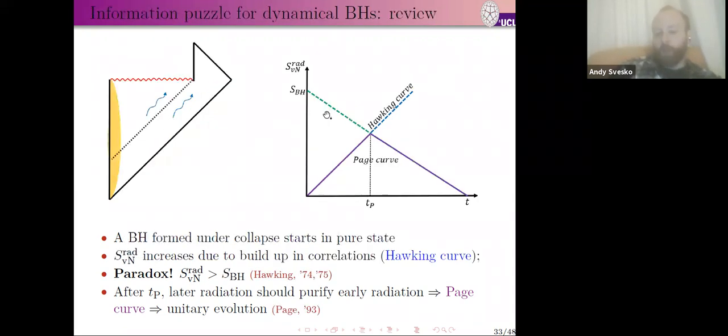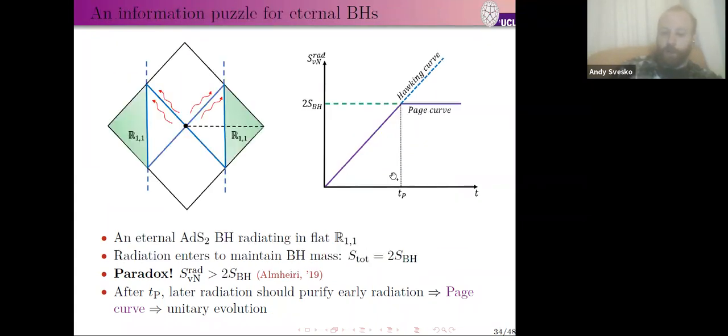What happens in the dynamical case is that since the black hole is decreasing in size, the black hole thermodynamic entropy will decrease. And so the typical drawing for the Page curve for a dynamical black hole is that it should rise, like we saw before, but then it should start decreasing and tracking with the curve of the black hole.